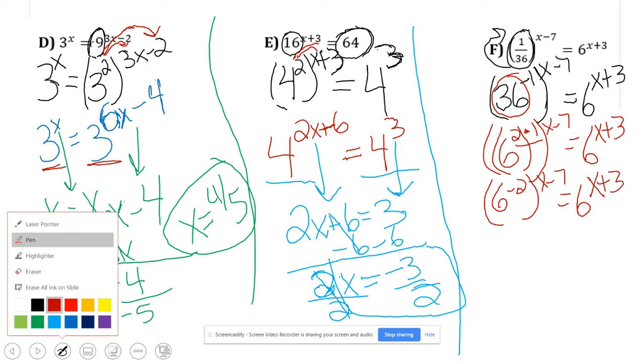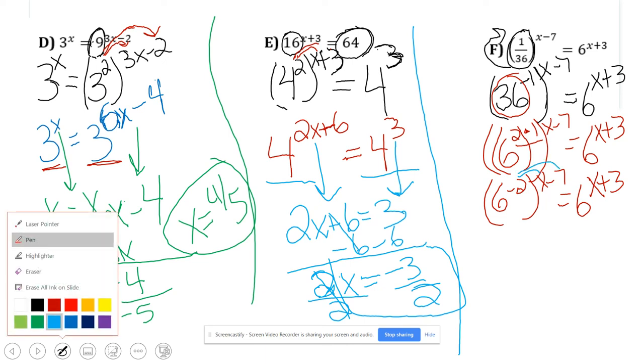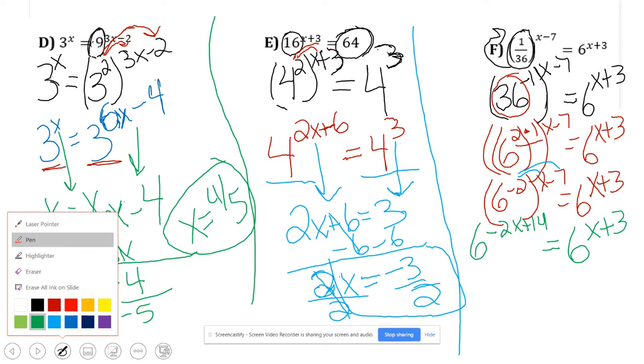And then I'm going to distribute that negative 2 to the x and the 7, which gives us negative 2x plus 14. Again, I haven't done anything on the right side because I already had a base 6.